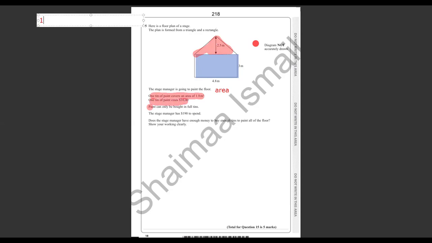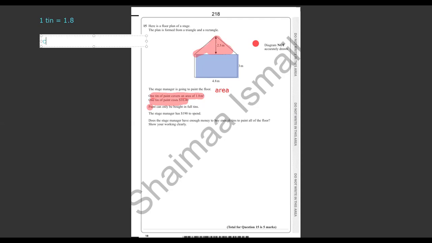One tin covers an area of 1.8, and one tin has a cost, the price of it, which is 16.4. Maybe they will ask about the total cost. Okay, let's see what you want here.